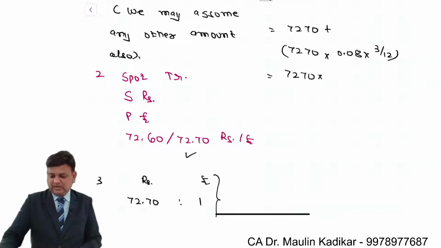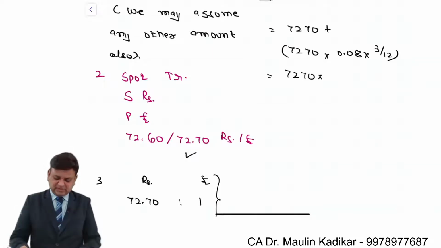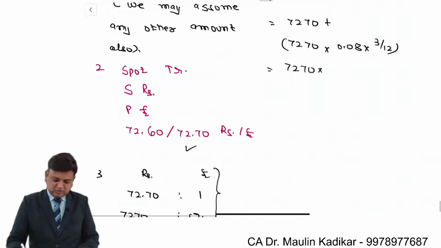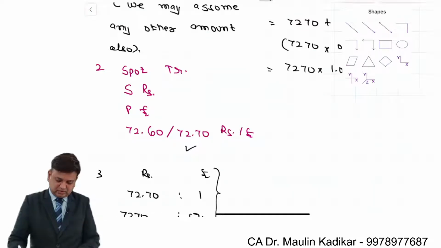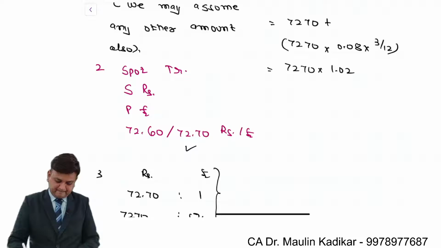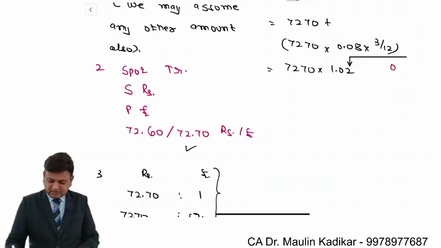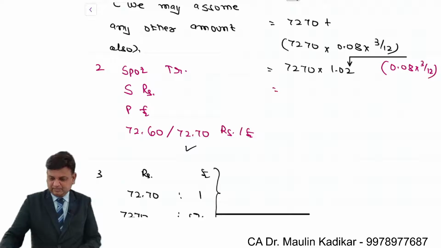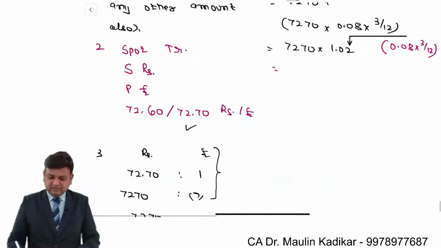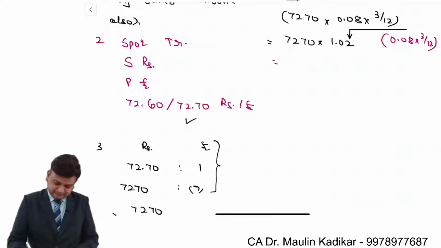So 0.08 into 3 divided by 12, that comes to 2%. 7270 into 1.02 is 7415.40.